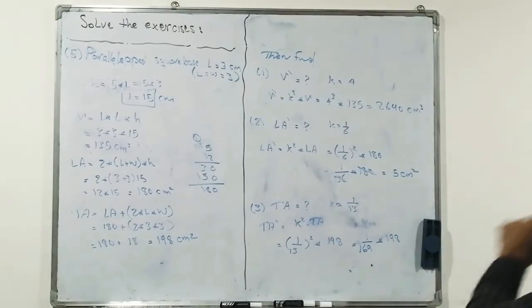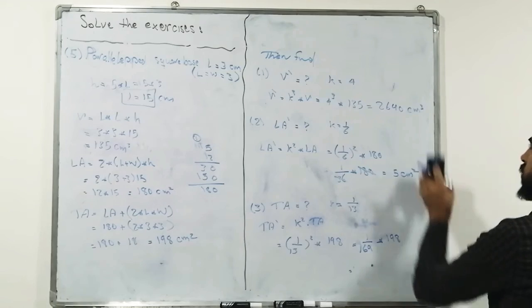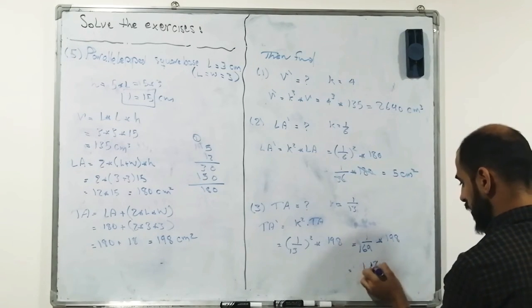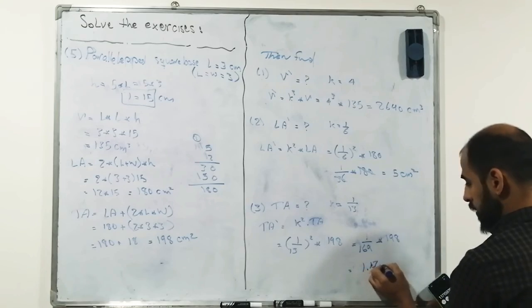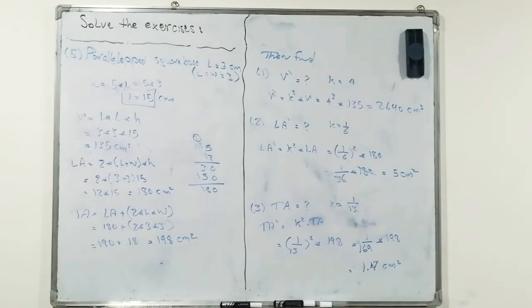I used the calculator, but of course you students can use long division or simplify. The result is 1.17 centimeter to the power 2, which is the total area of the shape after dilation with dilation coefficient 1 over 13.